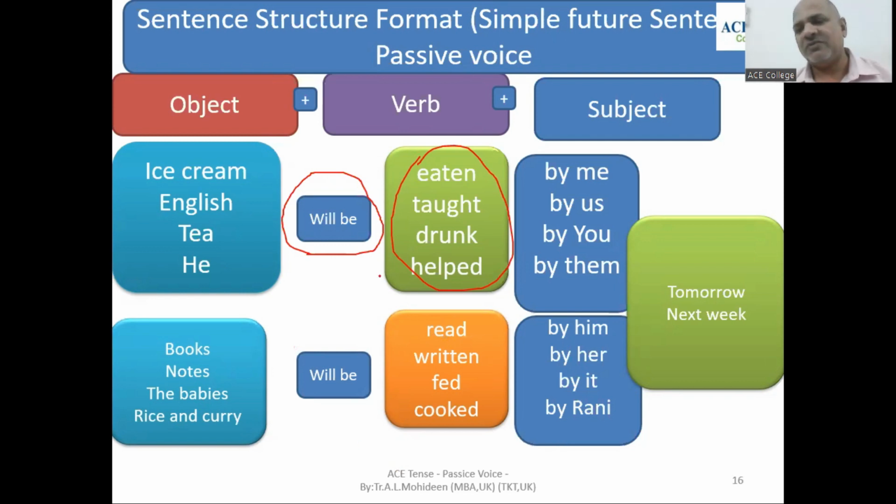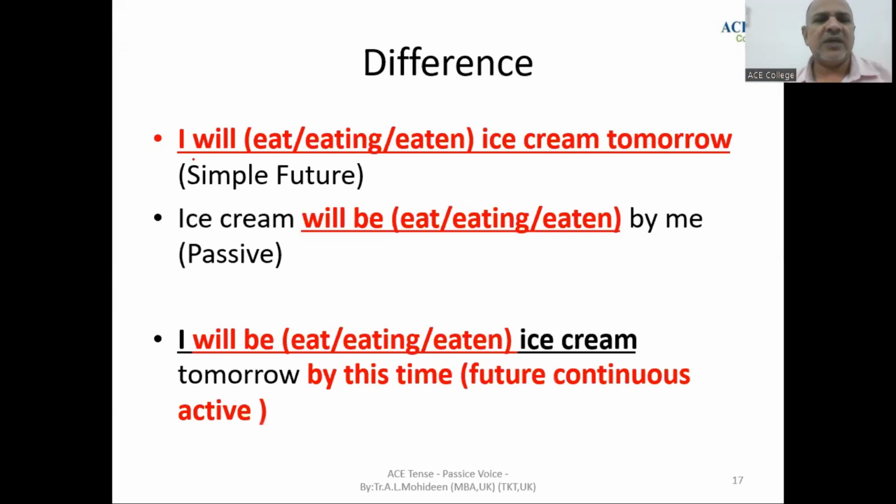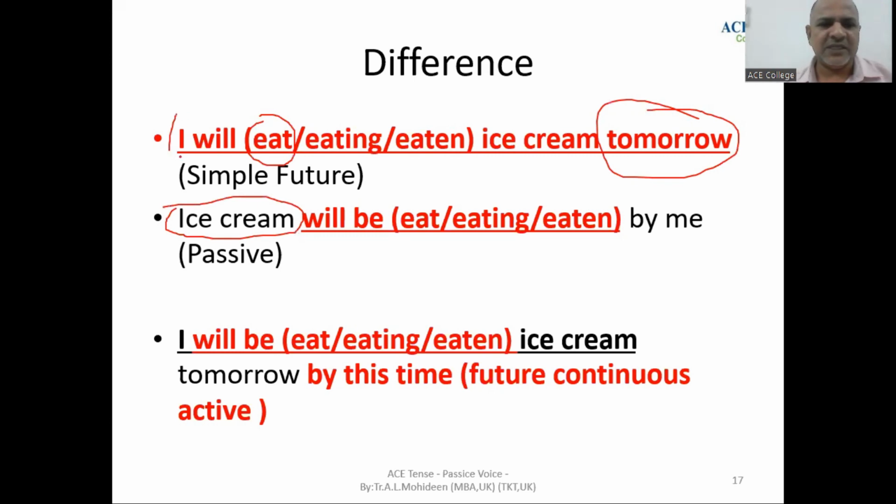This is future passive. Clear? So for example, I will eat the ice cream tomorrow, because it's a normal, simple future. What about here? The object is here. Ice cream you put at the beginning, because here the person is here.